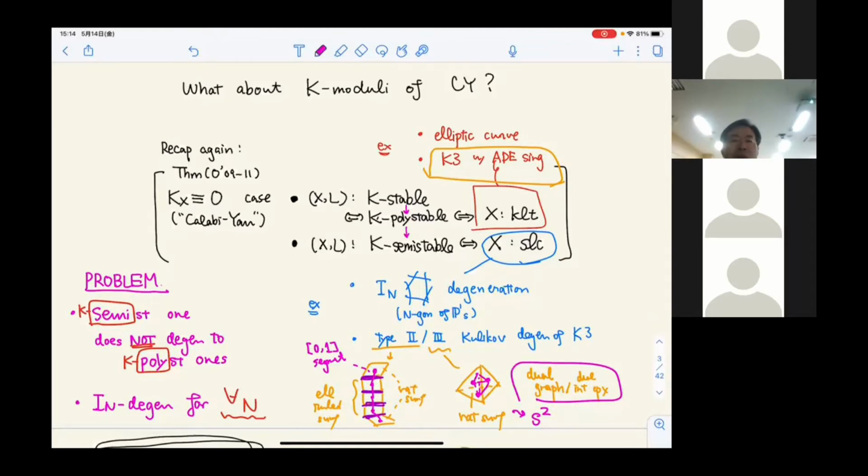But in this case, sorry, I forgot to mention this polystable, but polystability corresponds to semi-stability with a minimal orbit, I would say, in the usual GIT story.